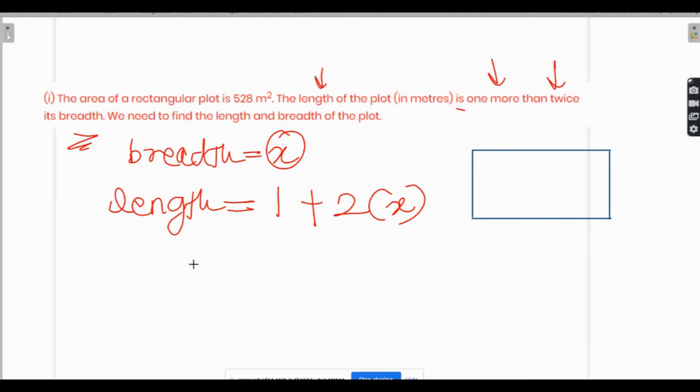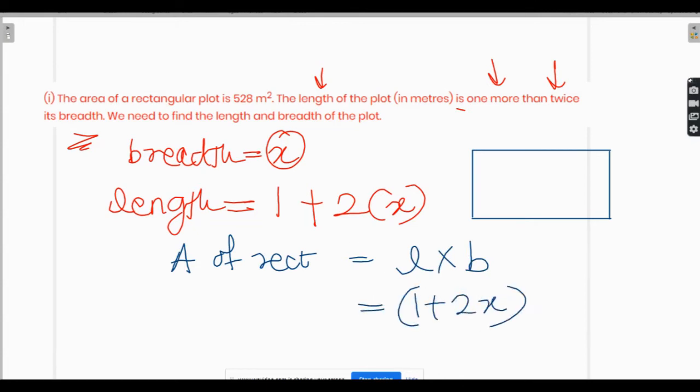Now what has he given me in the question? Area of rectangle. What is the area of a rectangle? Quickly, students. Area of a rectangle is nothing but length into breadth. What is your length? 1 plus 2x into, what is your breadth? Breadth is x. Area is given in the question, 528. Pretty simple.